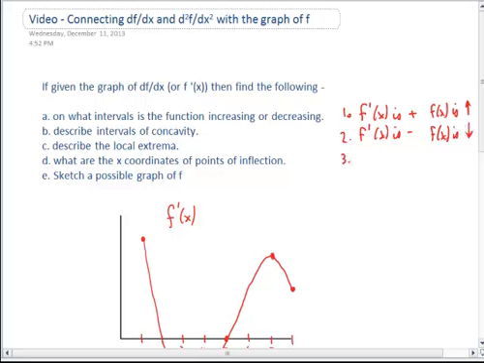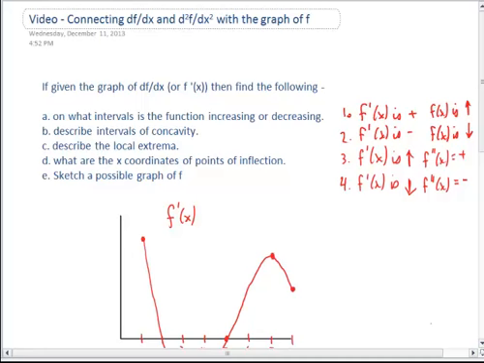The third rule that we went over, or we should go over, is when f prime of x is increasing, that forces f double prime, the second derivative, to be positive. And when f prime of x is decreasing, f double prime of x is negative.